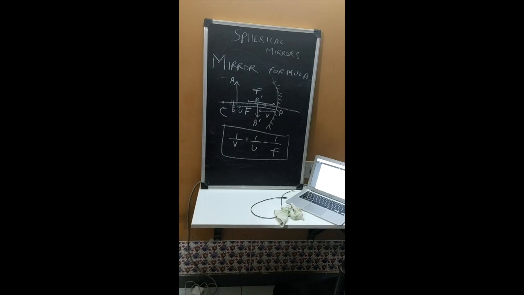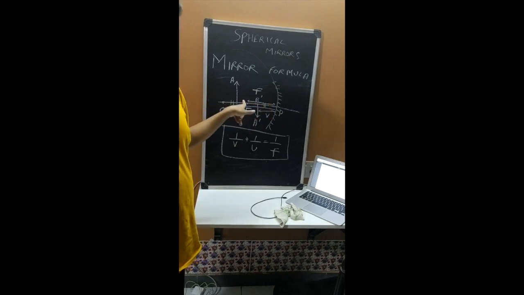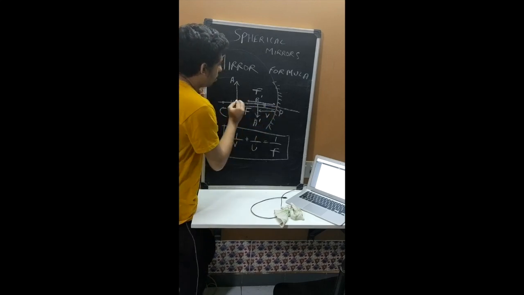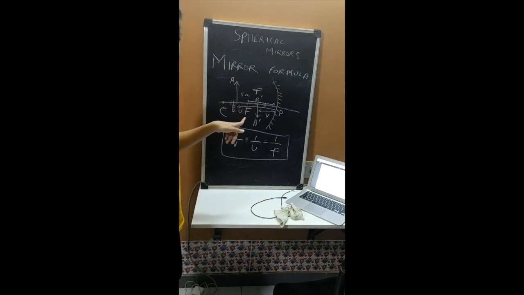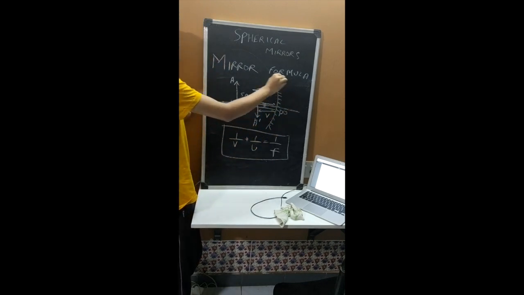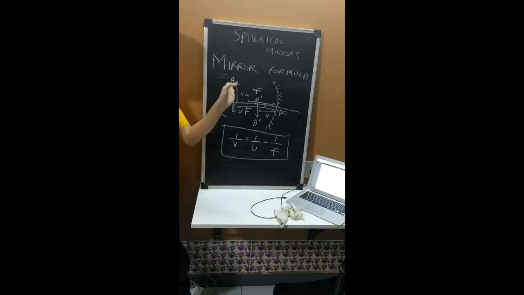Okay, and now here you have to follow the sign convention also. If somebody tells you that the object is at a distance of 5 meters from the mirror, what is u? If this is 5 meters, from here to here it is 5 meters. What will be the u? Is it plus 5 or minus 5? It will be minus 5 because 0 is here and the left direction is going to be negative.